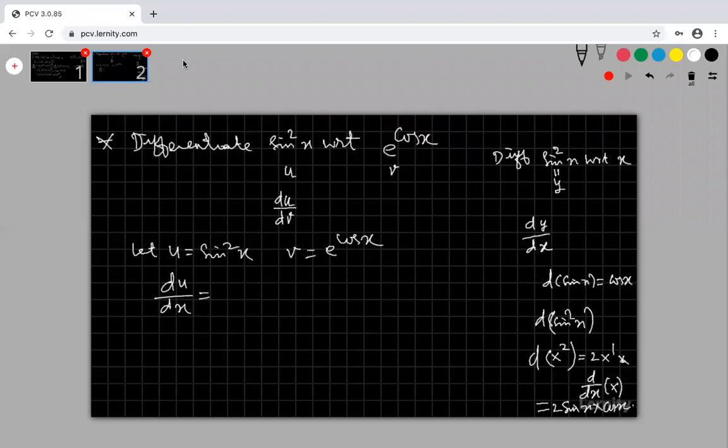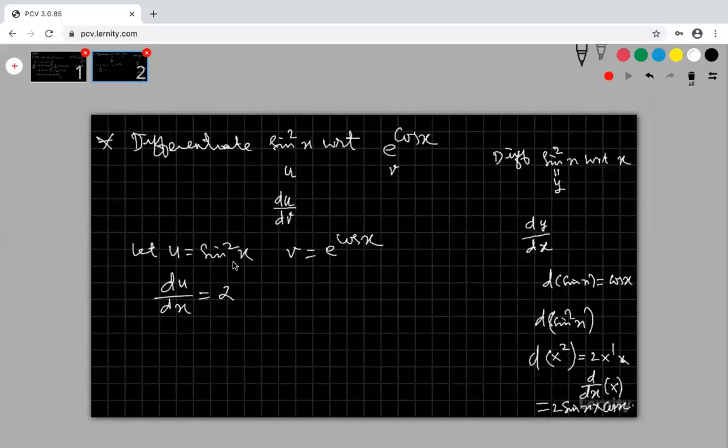Please try to understand what I am doing, how to find the derivative. If the power is other than 1, first of all you have to apply the x^n formula. This is the rule. I am considering the function as the base.